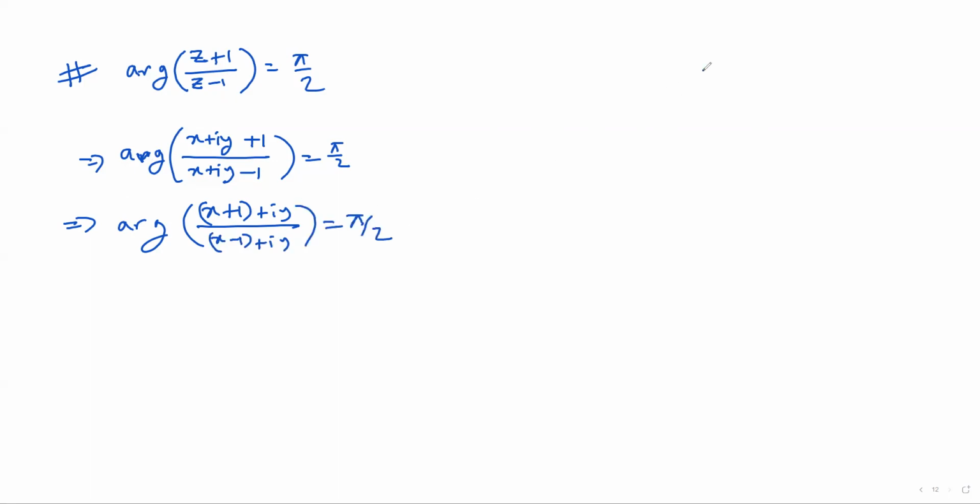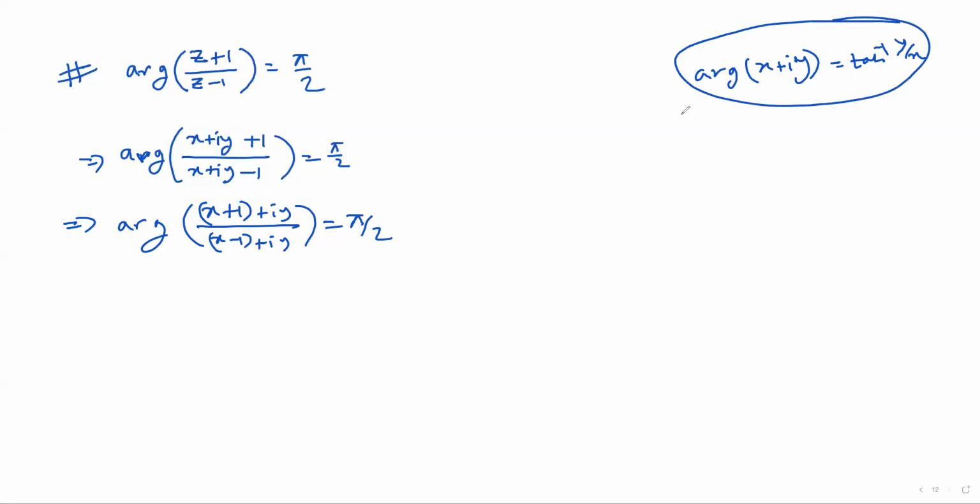The problem is, if you want to apply the formula tan inverse y by x, then our argument inside the argument operator has to be of the form a plus ib. At the moment, it is not in that form. That is why we have to use the idea of multiplication by the conjugate on both numerator and denominator, right?